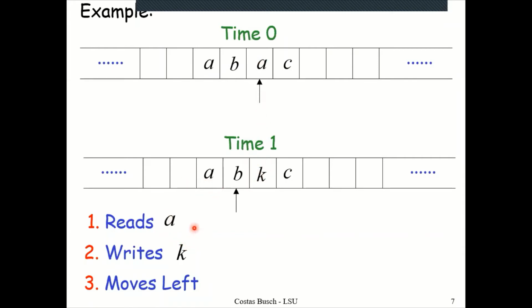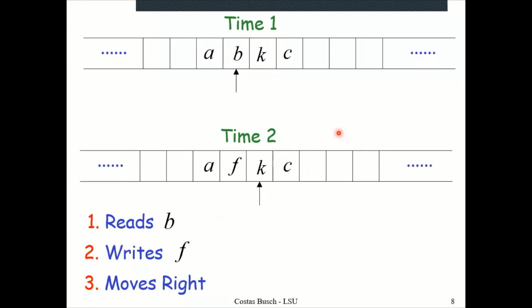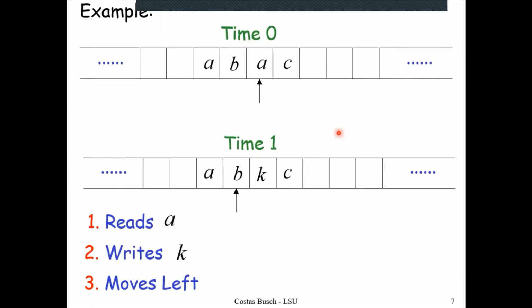So there would be an instance of the transition function for the Turing machine that if there is some active state and the symbol to be read is the symbol A, replace it with K and move one step left. That is just one example of what is going to happen if we have such a configuration in a Turing machine.